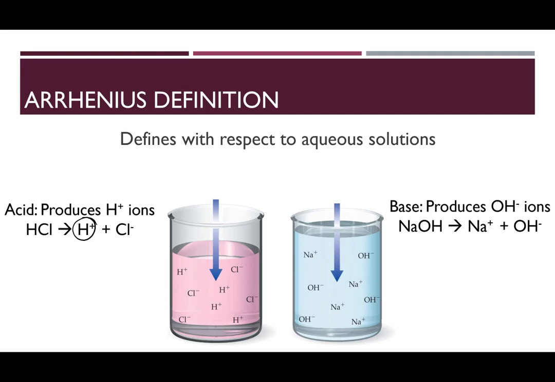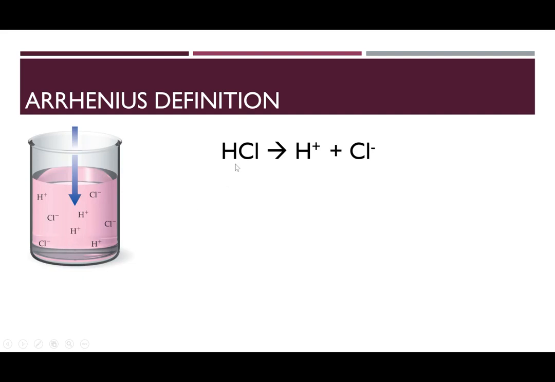So if hydrogen is floating around in the presence of water, this hydrogen ion is going to see this molecule of water and say, hey, I can latch on to that molecule of water and I can gain a little bit of stability. So what does that look like? We've got this hydrogen floating around in the presence of water.